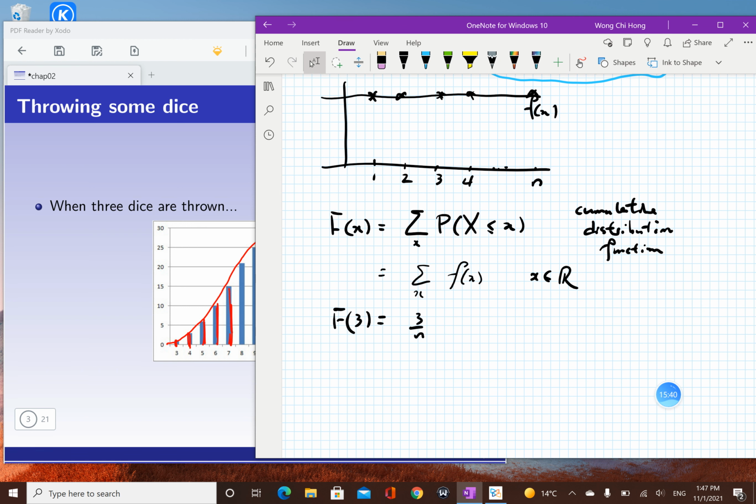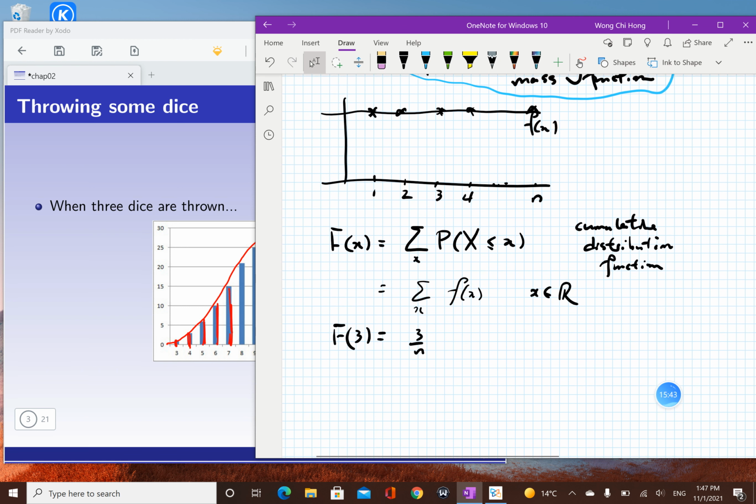Remember, the whole point of having a random variable is that if these things can be represented by functions, then we can do mathematical methods on them. But having a function that gives us a lot of crosses, still good, no problem. But sometimes we may prefer to have a function defined on all values of x, defined on the real numbers.